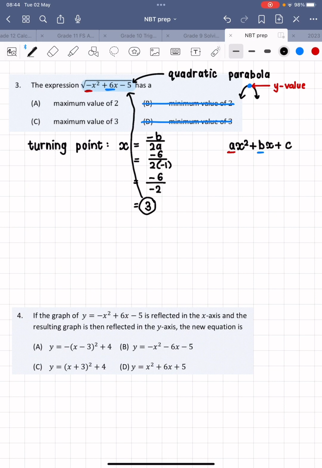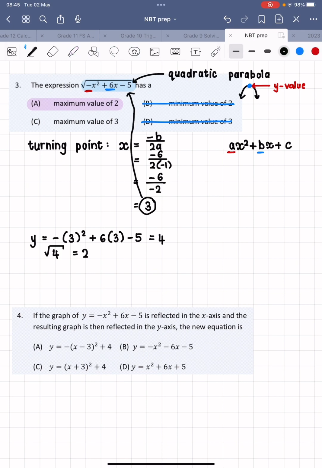So the y value is going to be -3 squared plus 6 times 3 minus 5, and if we work that out, we get a value of 4. And what is the square root of 4? I'm taking the square root because that is what they're telling me to do. In the question, they've said the expression is the square root of this parabola that we visualized here, and that is equal to 2. So the final answer to this question is a maximum value of 2.